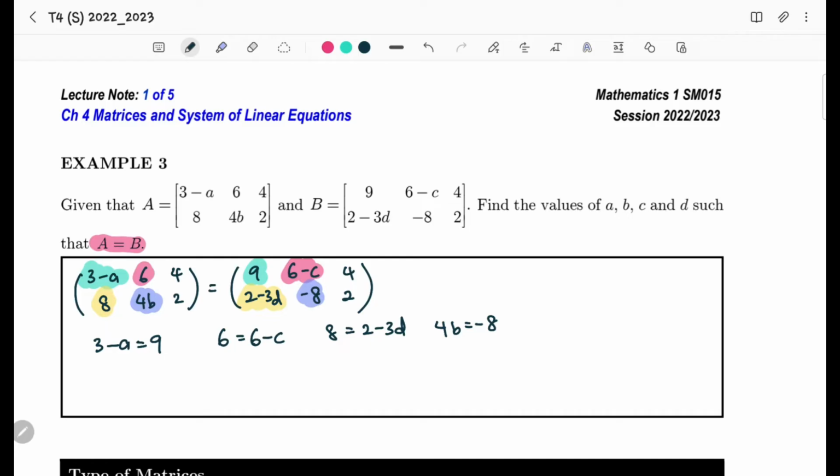So you're going to get a equals negative 6, b equals negative 2, and then for c we get 0, and d will get negative 2. Then that's it.